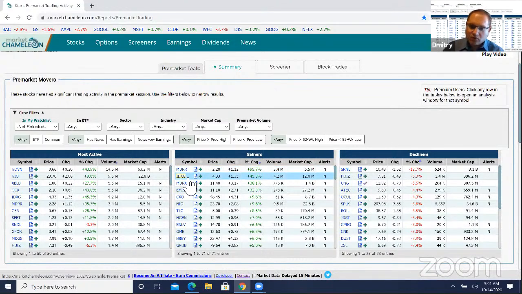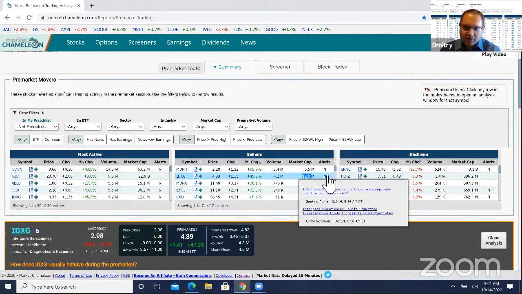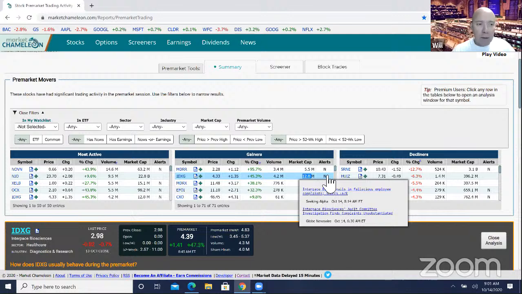IDXG is up 45% on 4.2 million shares, also a low market cap stock. That one also looks like some news is coming out. Let's take a look at this one. Surprise, it's a biotech stock.